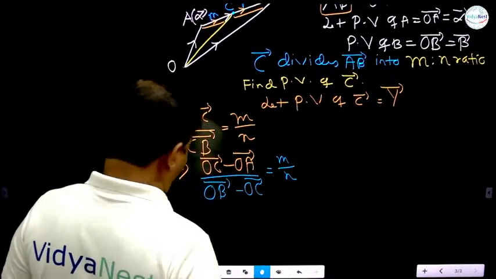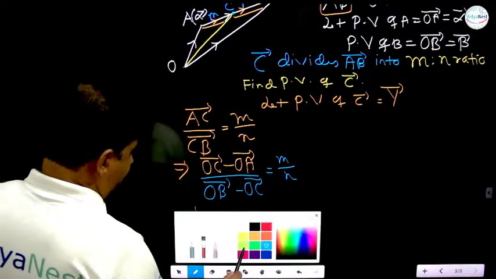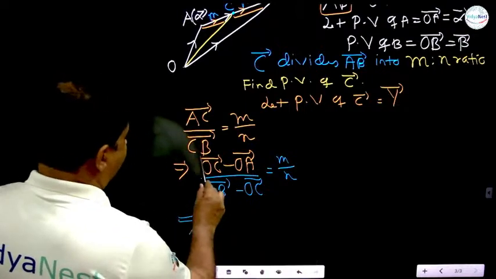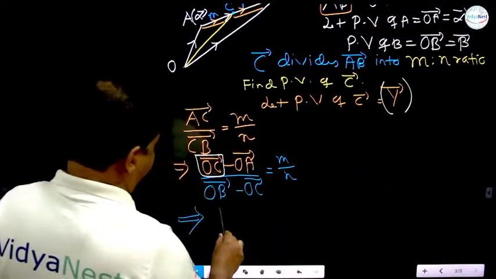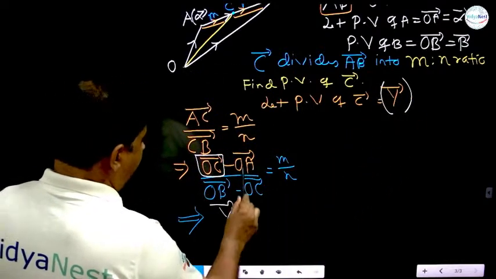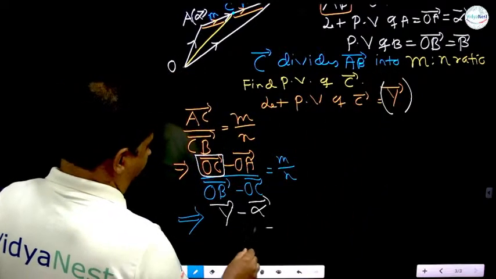Now, instead of OC, you can write vector gamma. Instead of OA, alpha.